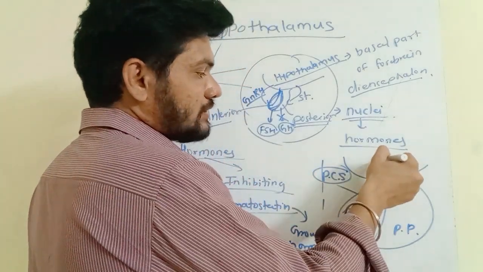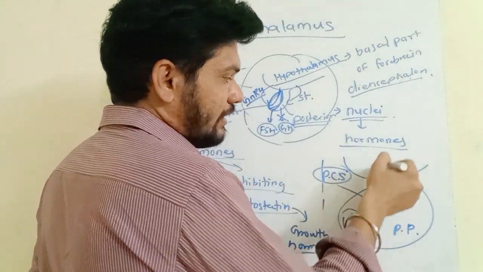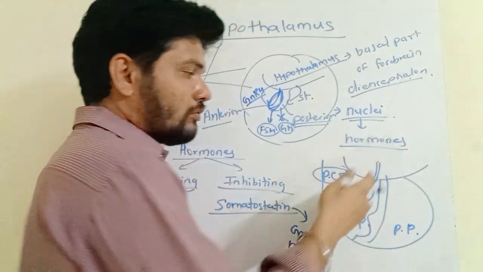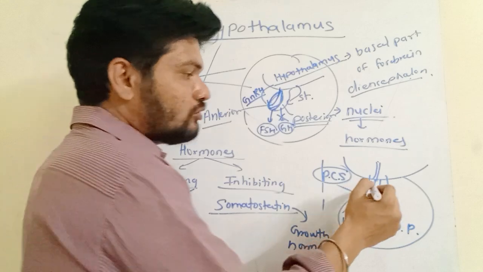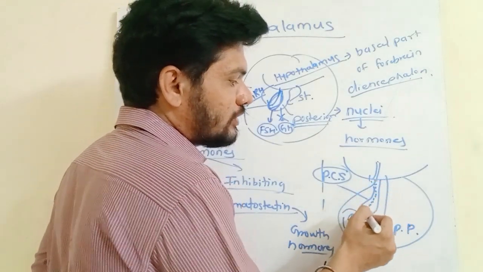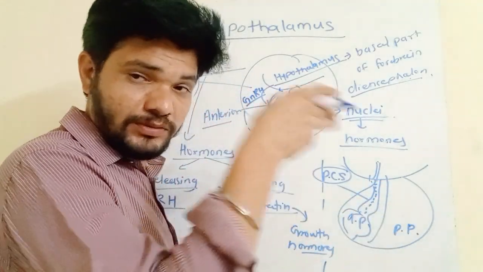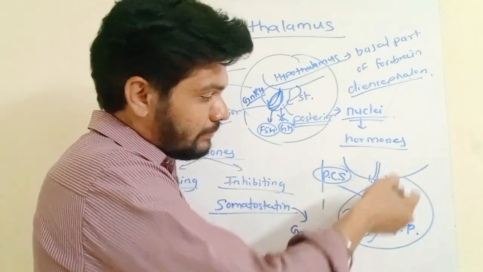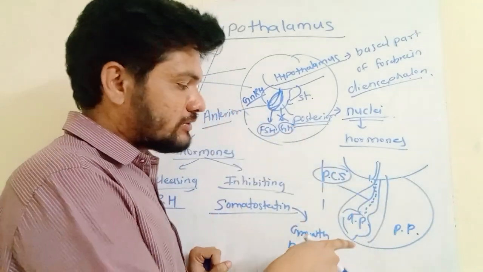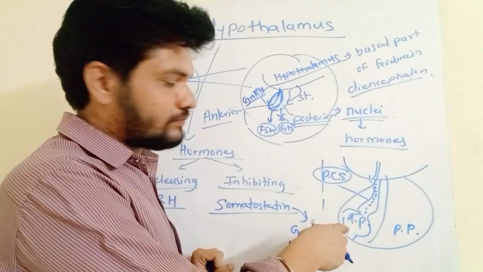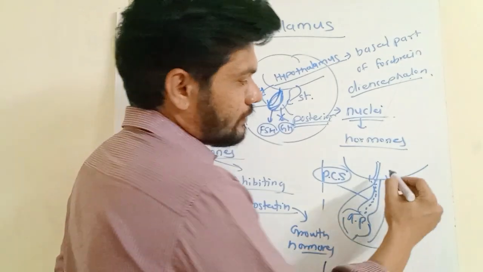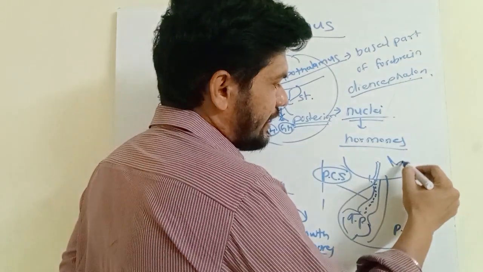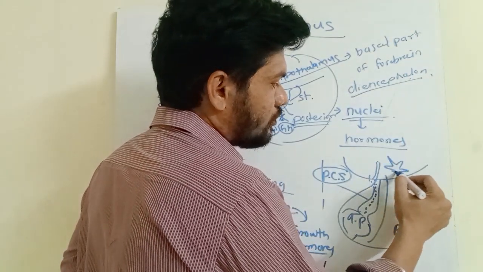From the hypothalamus, the hormones will pass through the axons of the neurons and reach the axonal end, and then those hormones will be secreted into this portal circulatory system, which means into the blood. Then that blood will bring those hormones to the anterior pituitary, right? And the posterior pituitary is under the direct control of neurons.